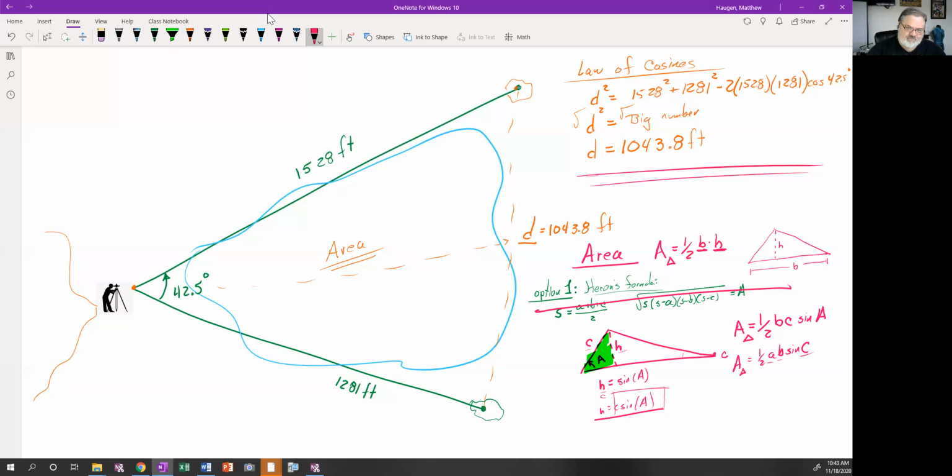Fair? Well, and that's actually the information we started with. We have the two lengths, these two lengths, and the angle between them. So while we could use Heron's formula, it does work. I've derived Heron's formula from the geometry.